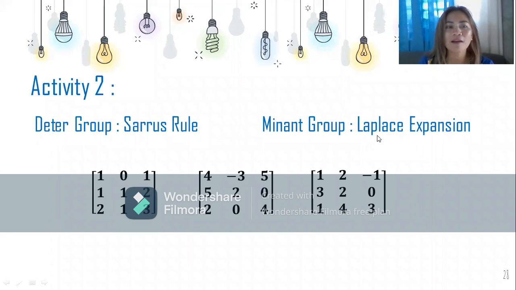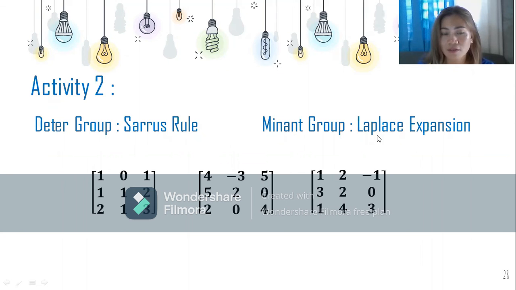Okay. Now, after answering activity number 2, I'm going to ask you this one. What method is easier for you to use in finding the determinant of a 3x3 matrix? Is it the Sarrus rule or the Laplace expansion?